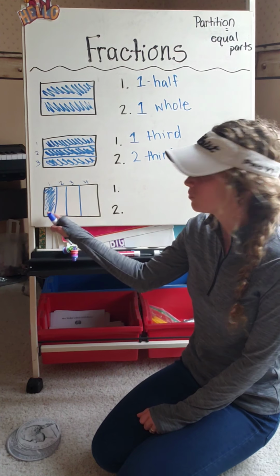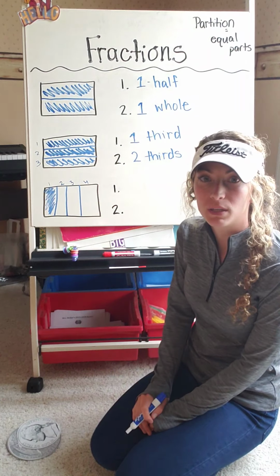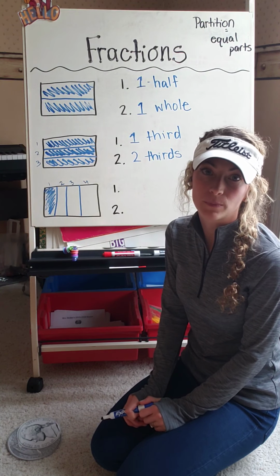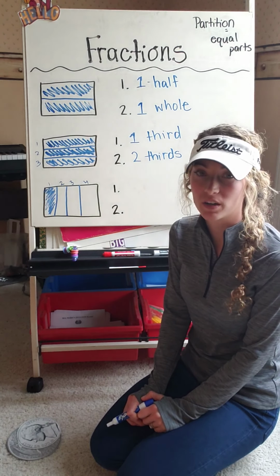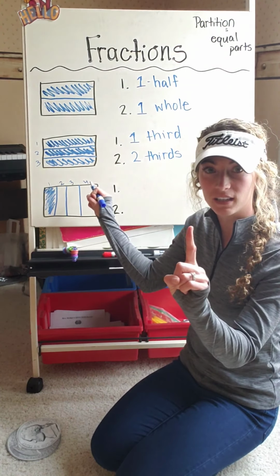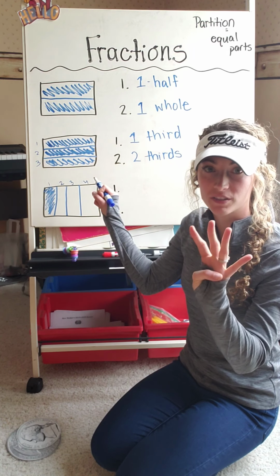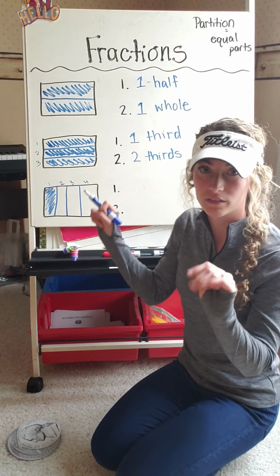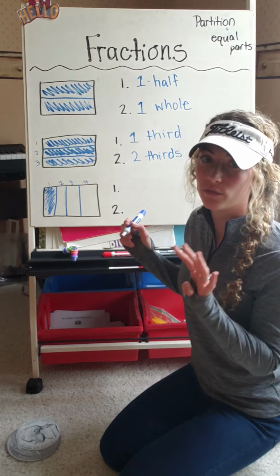No, because that would mean it was half full. Would it be 1/3? No, because there's 4 parts. So if we have 4 parts, 1 of those 4 parts are colored in. So we would call that 1/4. So I'm going to write that down, 1/4.